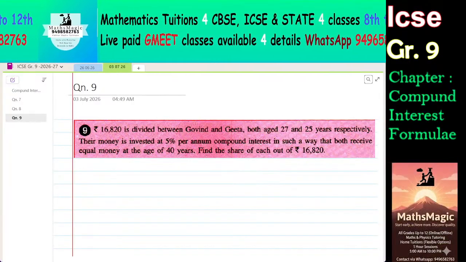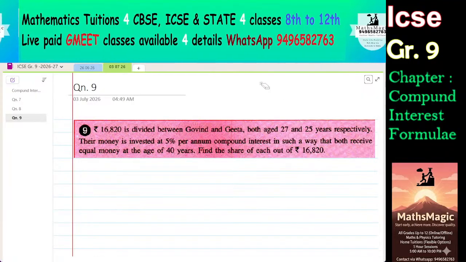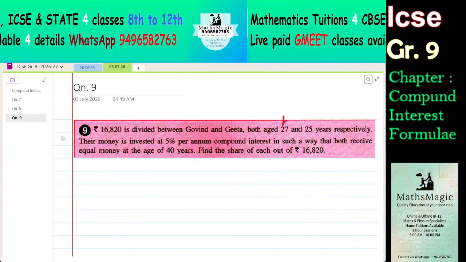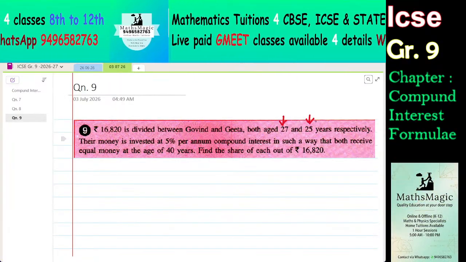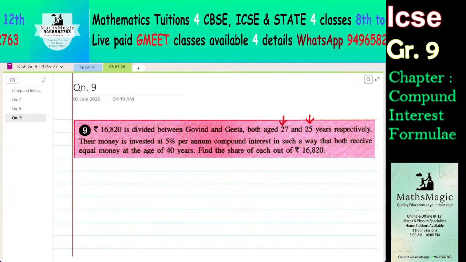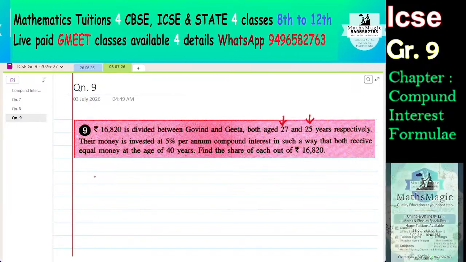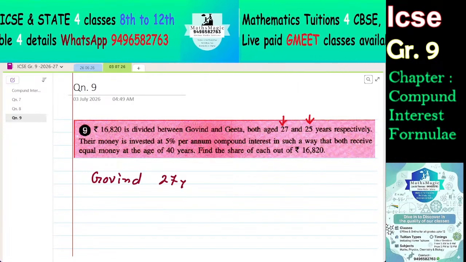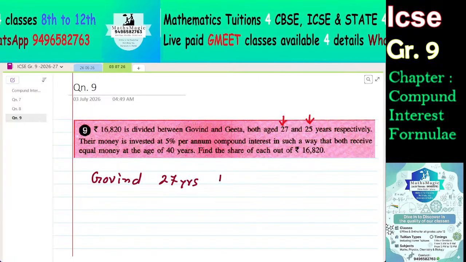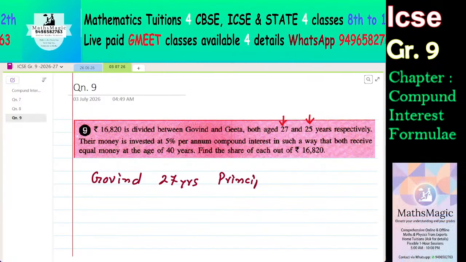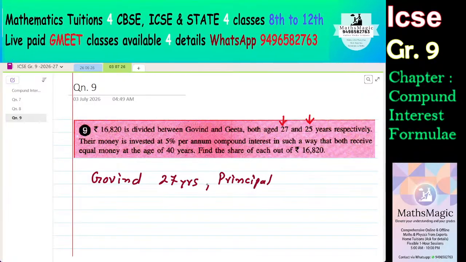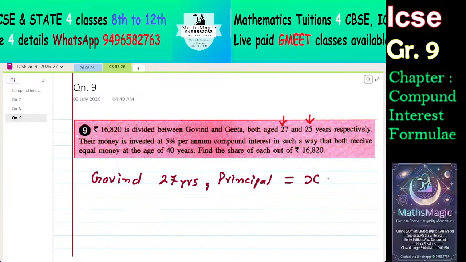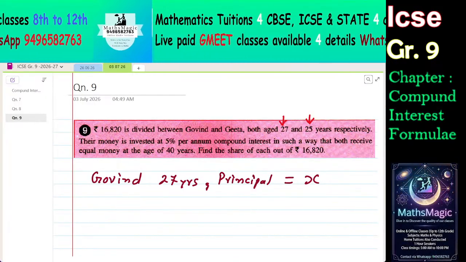And one thing, the name is important. Why? Because they are of different age. You cannot just simply calculate. You should take care of their ages as well. So let's start with Govind: 27 years, and his principal equals X. This gives the clear structure of the things given in the question.